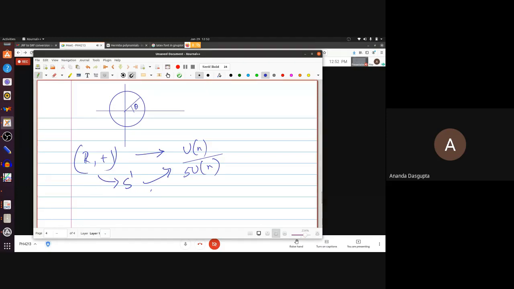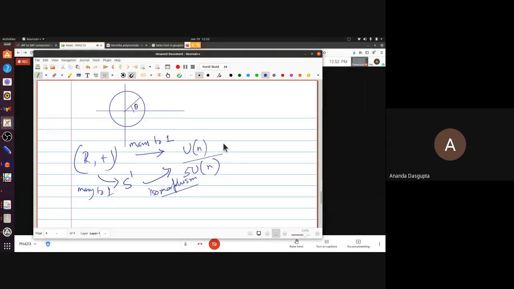This part is actually an isomorphism. So strictly speaking, U(N) by SU(N) is the same as a circle with the group structure imposed on it. But this one is many to one, which is why this map is also many to one, and hence it's not an isomorphism, it's just a homomorphism.